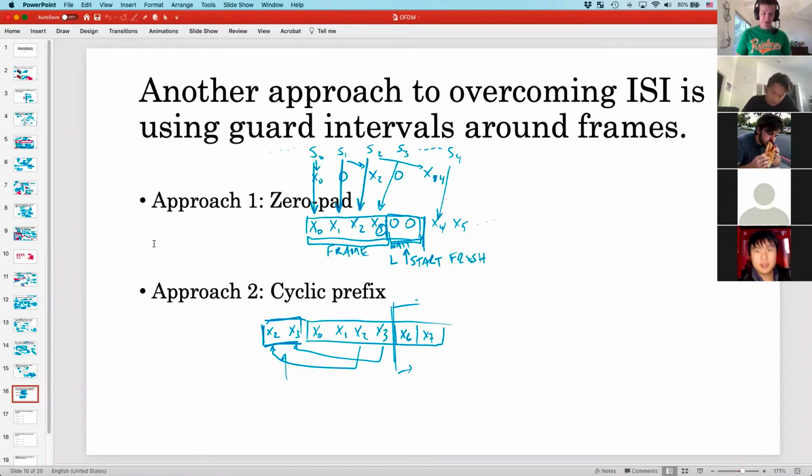What if, instead of requiring that all of our data symbols get transmitted as soon as we get them, we just chilled for a little bit, and it makes sense to wait only the length of your channel's impulse response?